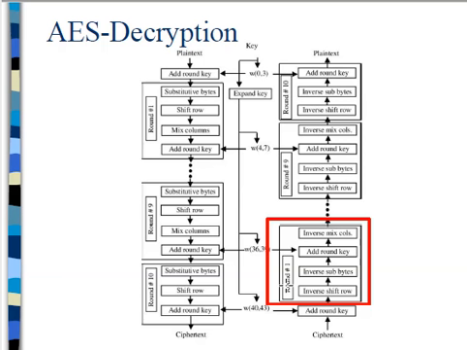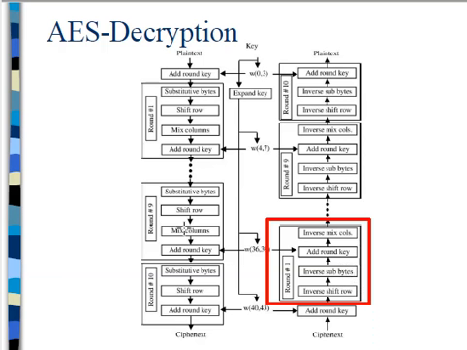And then for the first round, as you can see, we do the same shift row and substitution and adding round key and also mix column.